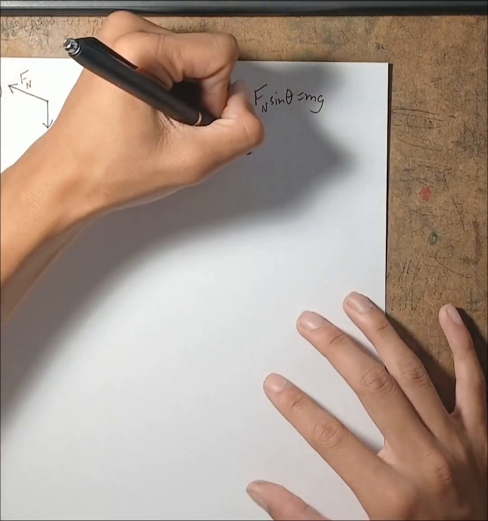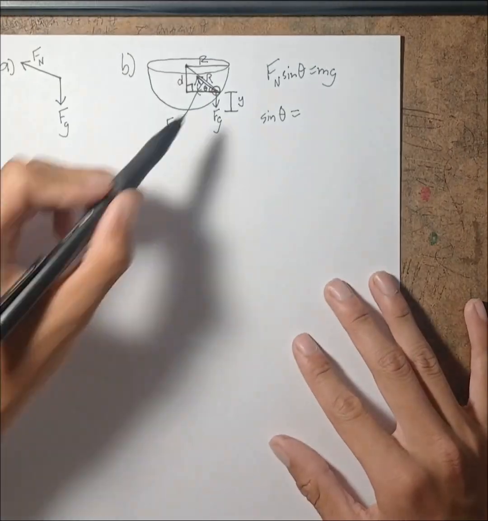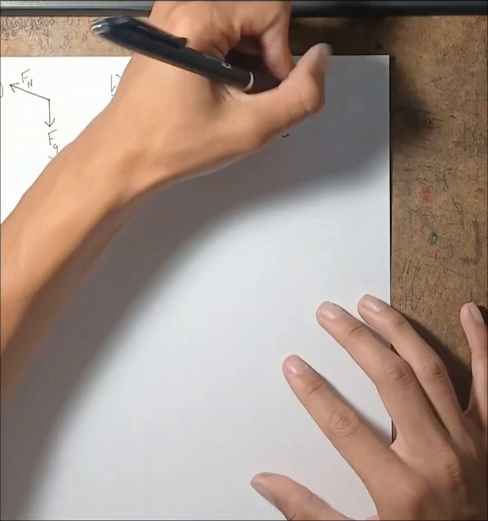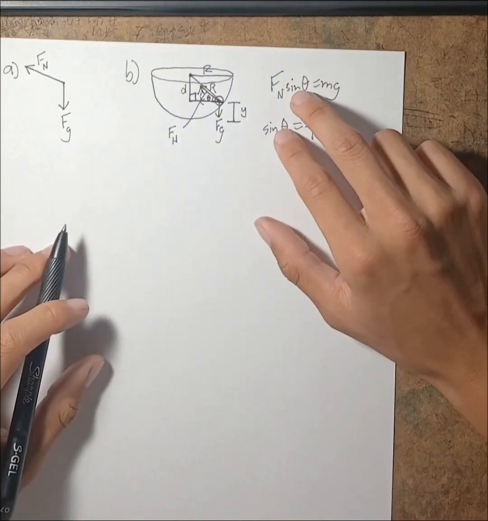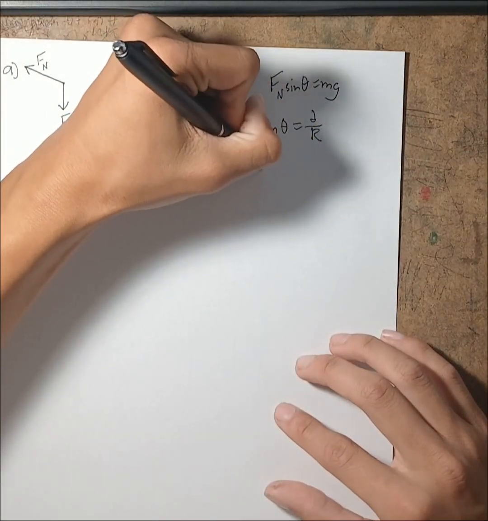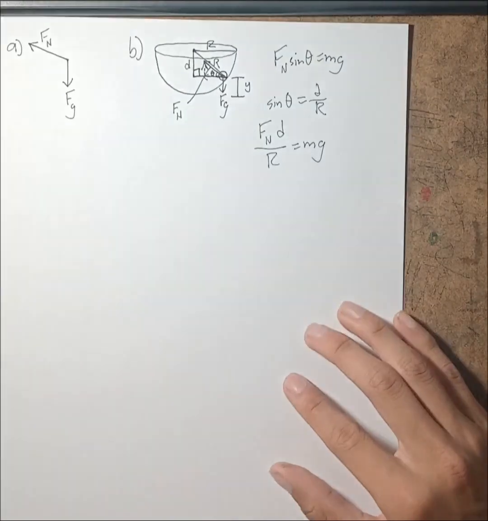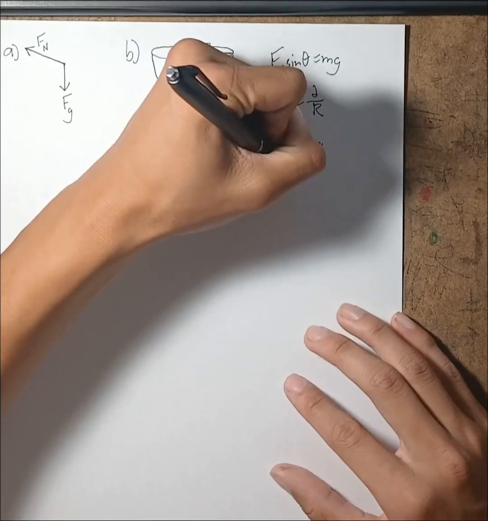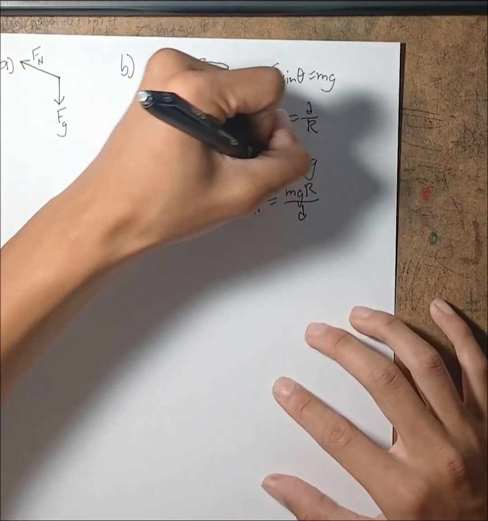And we also know that sine equals opposite over hypotenuse, and so in this triangle here, the opposite would be d and the hypotenuse would be r. So sine theta equals d over r, and then from here we can just make that substitution. So F_N d over r equals mg, and then we can multiply both sides by r and divide both sides by d. So F_N equals mgr over d.